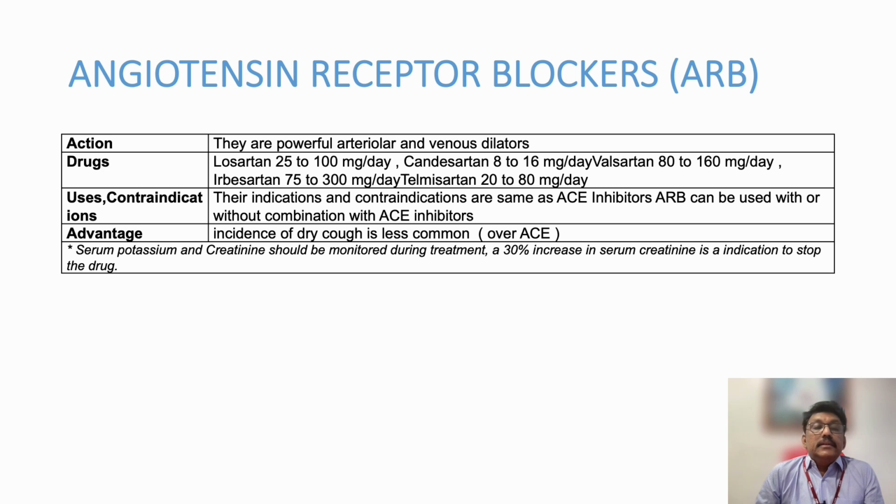The usages are the same as ACE inhibitors. Dry cough incidence is very low in ARB, it is not at all there. So if any compelling indication is there and you are not able to use ACE inhibitors, you can go for angiotensin receptor blockers, and they are also contraindicated in the same manner as ACE inhibitors, including pregnancy.